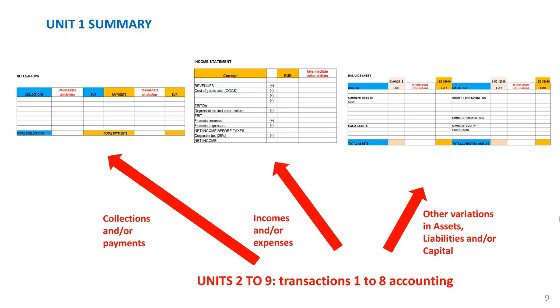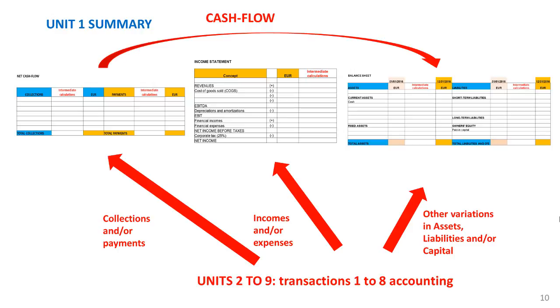Finally, we will identify other variations in assets, liabilities, and/or capital related to each transaction, and afterwards we will reflect them on the balance sheet.